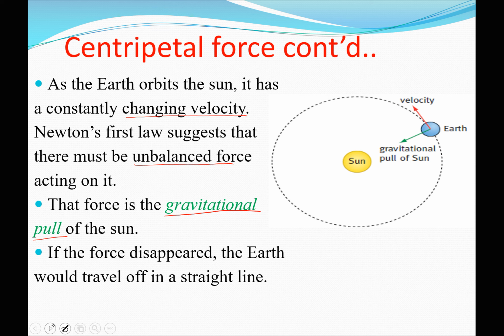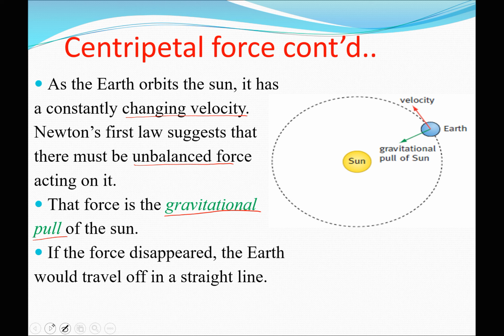So the gravitational pull of the Sun is responsible for keeping the Earth orbiting around the Sun, and also for keeping other planets orbiting around the Sun. That unbalanced force is responsible for providing a change in velocity, which results in an acceleration that we shall later on call the centripetal acceleration.